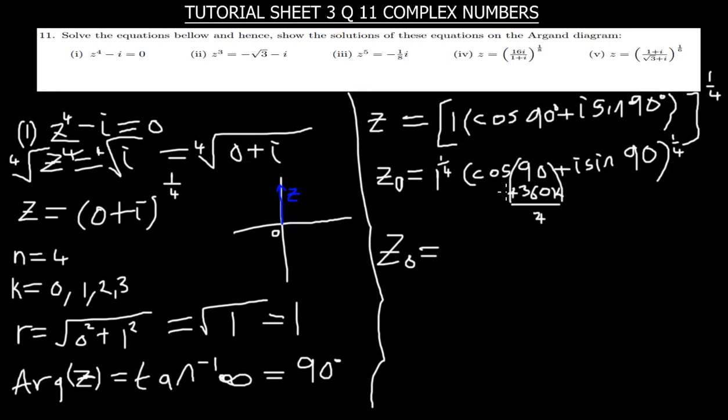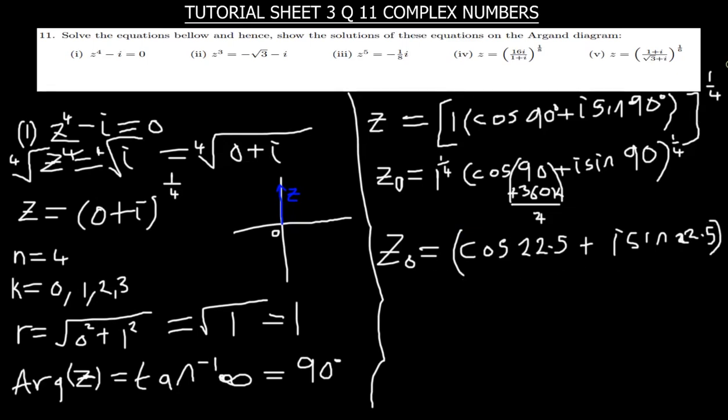So I'm going to have cos 22.5 plus I sine 22.5. The same angle that you have here is the same angle that you put there. So this is going to be your z0.